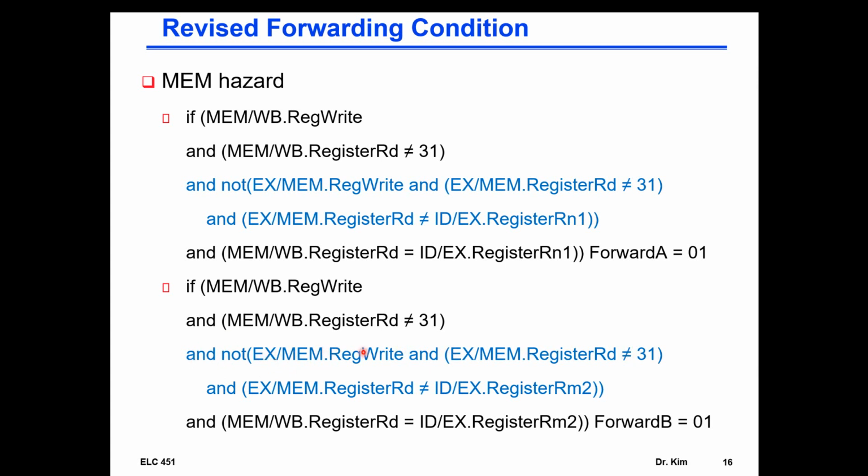And if we don't have this logical condition, which is we don't have the register write, and the register is not 31, and we don't have this equality, and we do have this equality of the destination with the second source register, then we're going to forward into B from the memory unit.